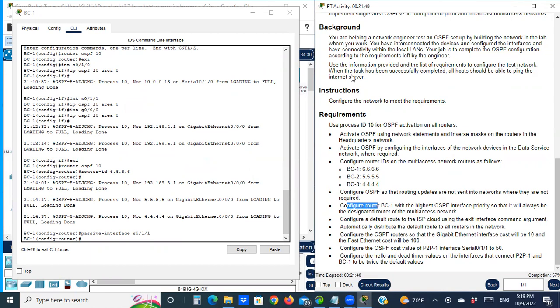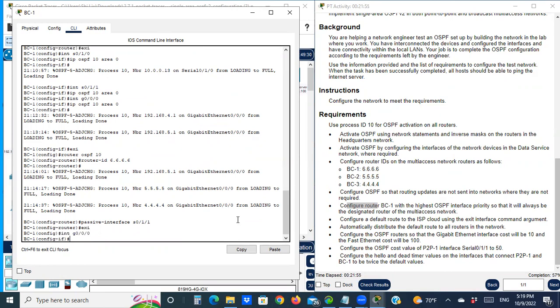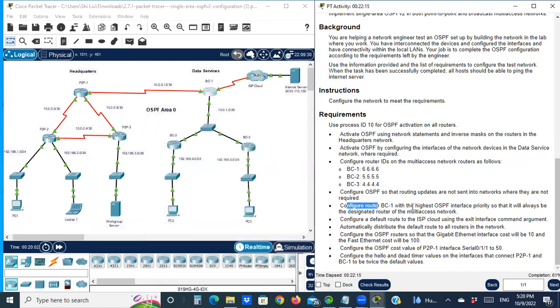Okay. Interface G0/0, type ip ospf priority. The highest interface priority is 255. Okay, so we finish this question.